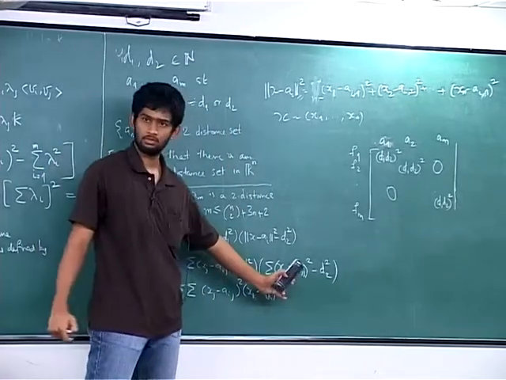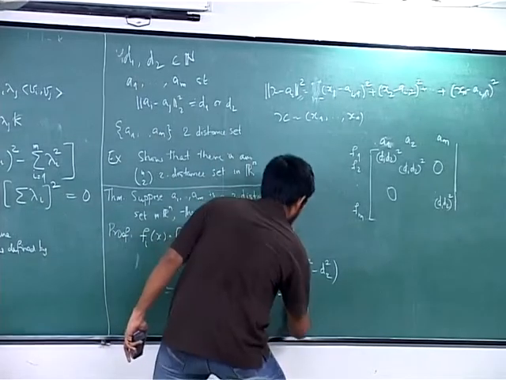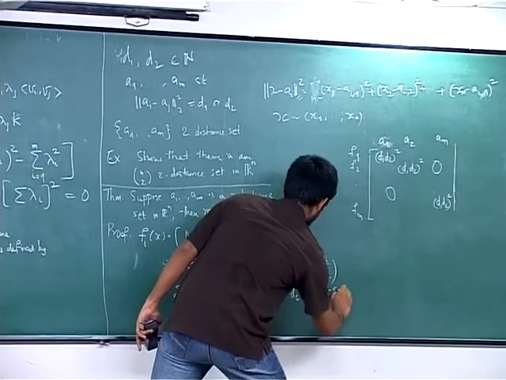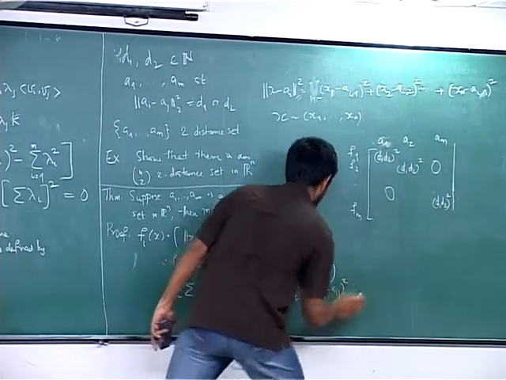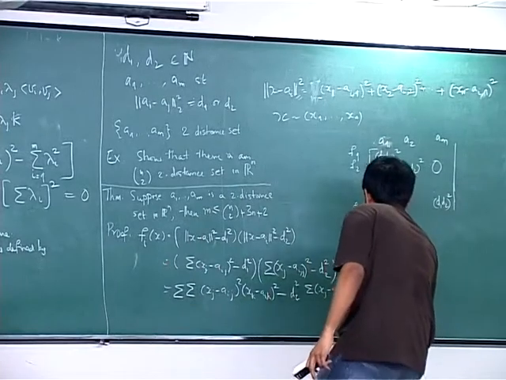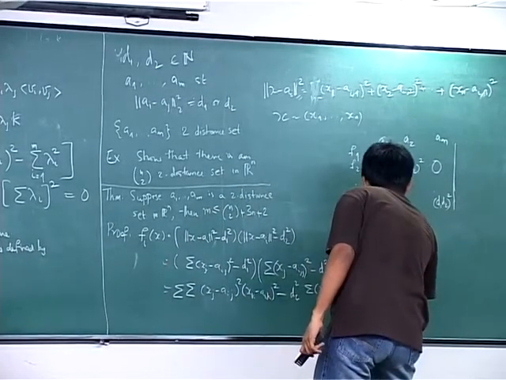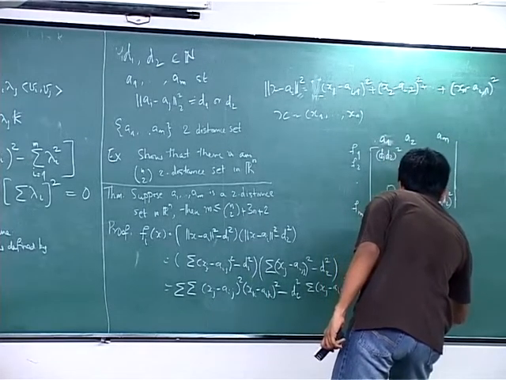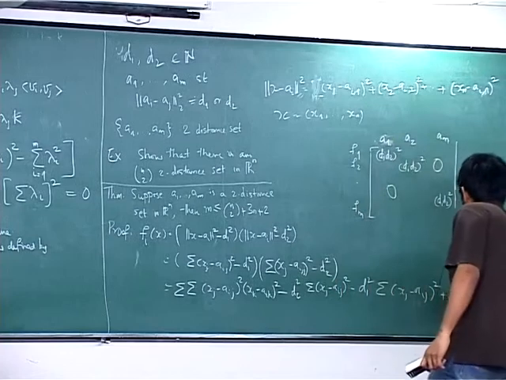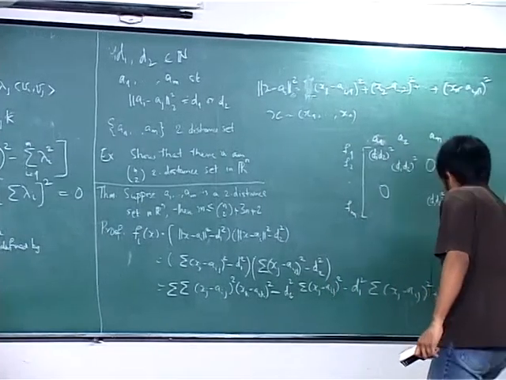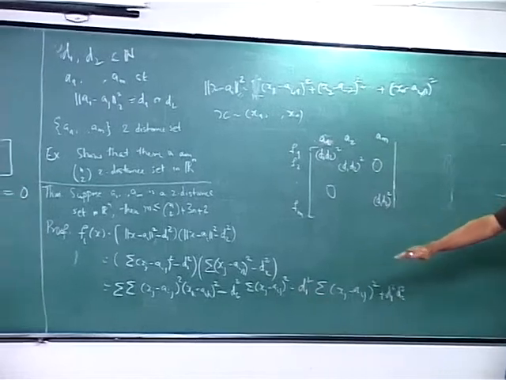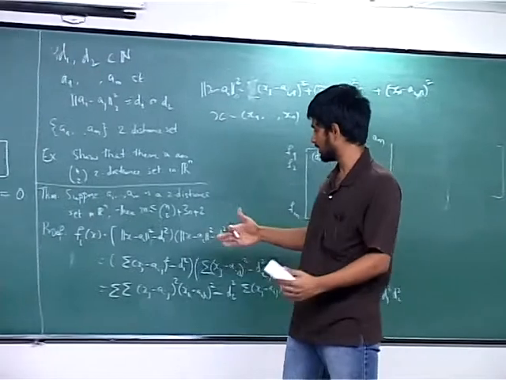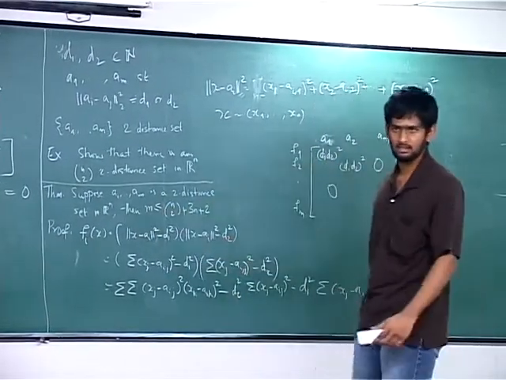Then you have a term which is minus d2 squared times summation of (xj minus aij) squared, and you have minus d1 squared times summation of (xj minus aij) squared, plus a constant. So this is what fi will look like. You need to find a suitable set of linearly independent vectors which is going to give me all these things.